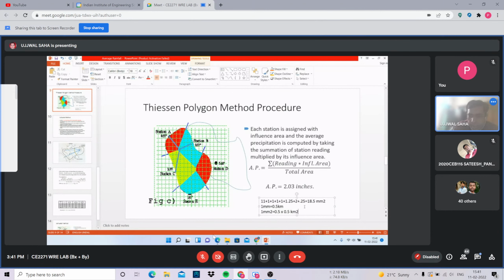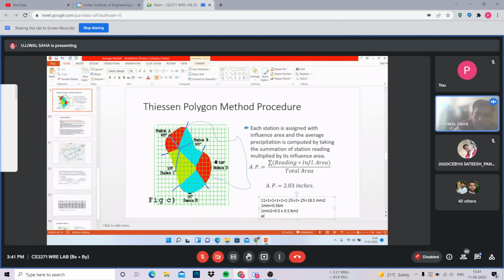I have 18.5 millimeter square, so the area is 18.5 into 0.5 into 0.5.